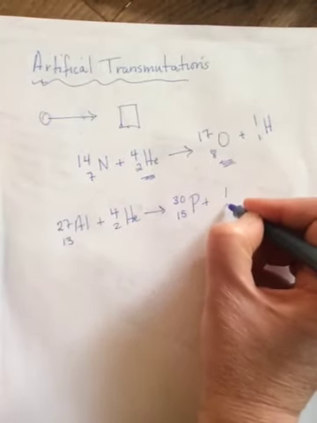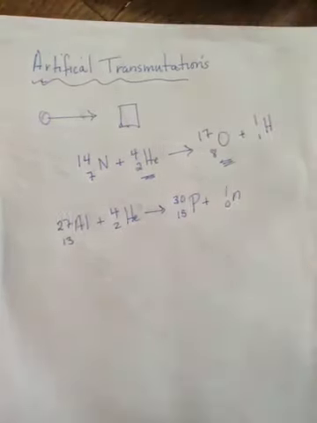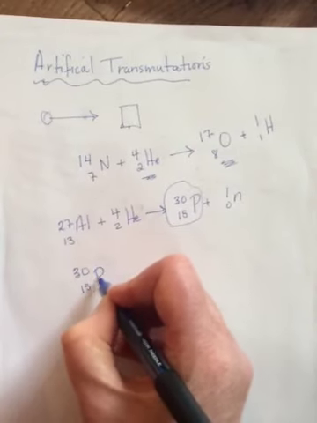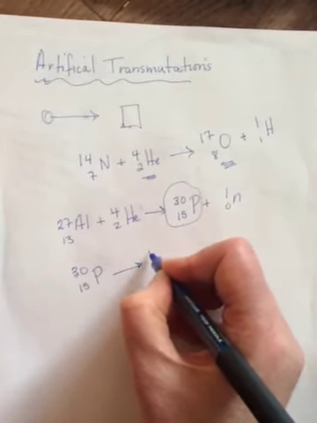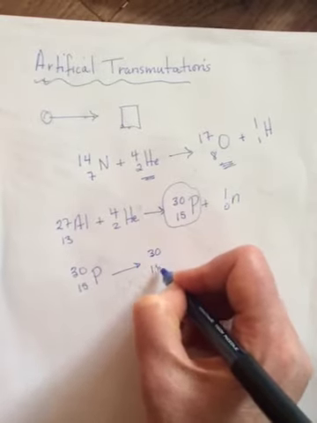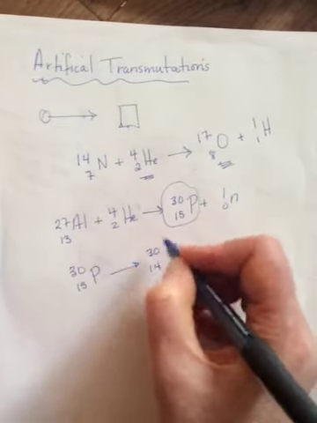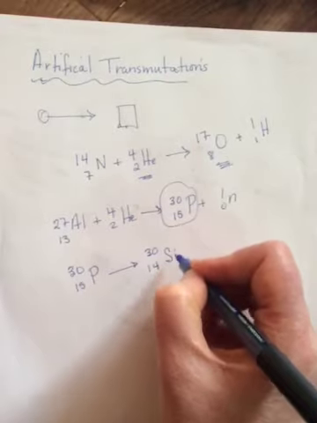And what's given off is a neutron. Okay? But phosphorus 30 isn't stable. So if you wait a bit, phosphorus 30 will break down into silicon 30.